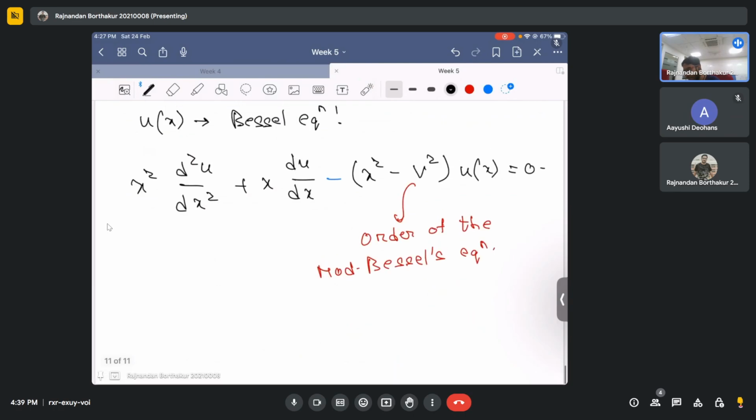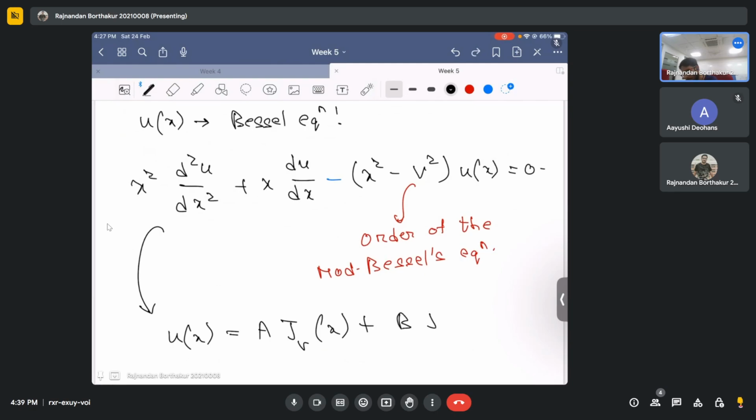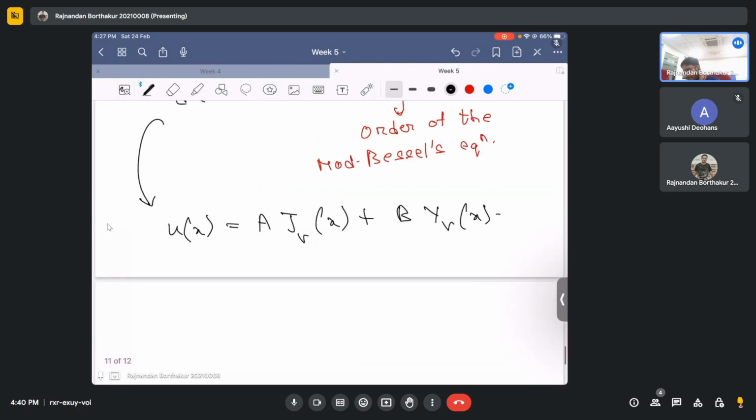So since this is my modified Bessel equation, the solution u of x is some a times j nu of x plus b times y nu of x, where these j and y are the solutions of the modified Bessel equation, and they are known as the modified Bessel functions.